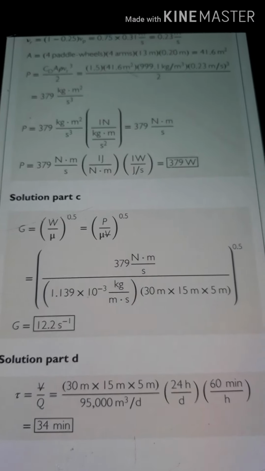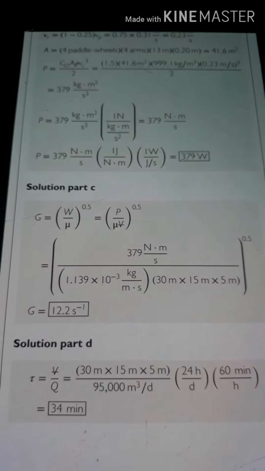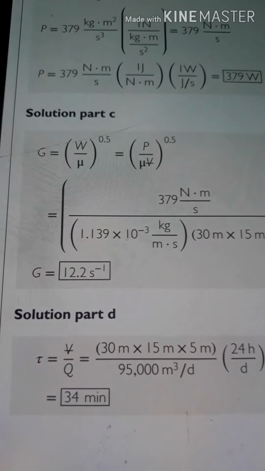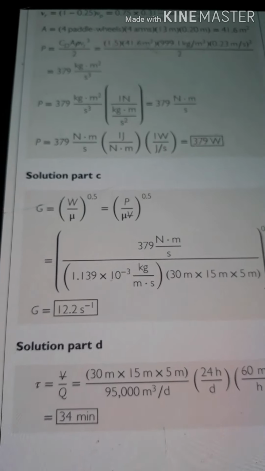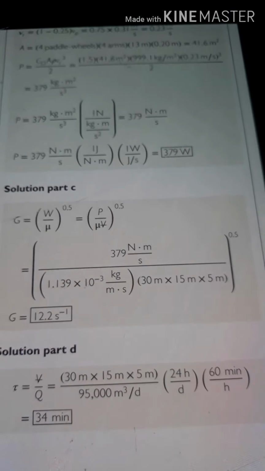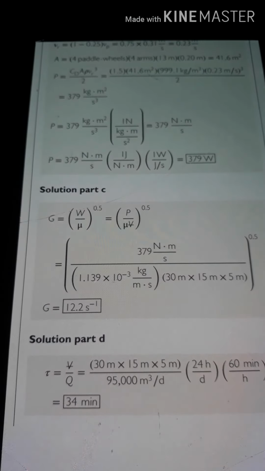Solving everything inside the parentheses and raising it to 0.5 will give us 12.2 seconds raised to negative 1. That's it for our velocity gradient.